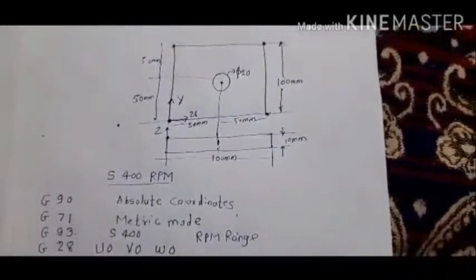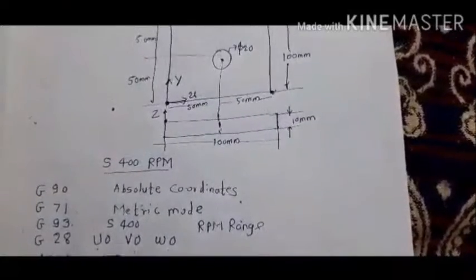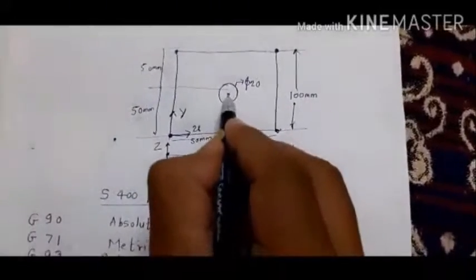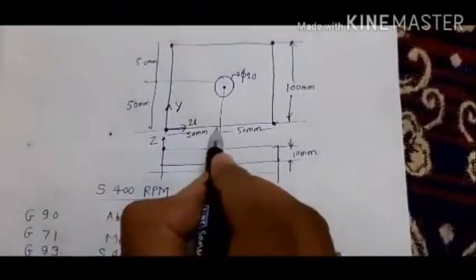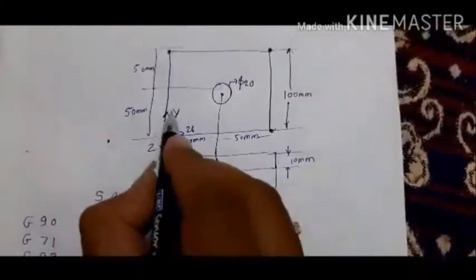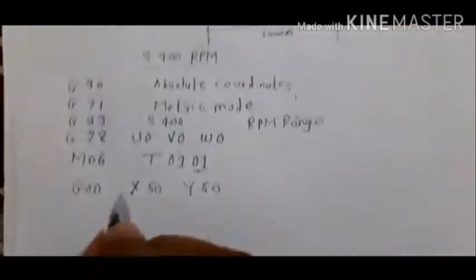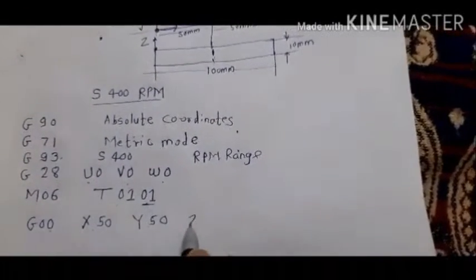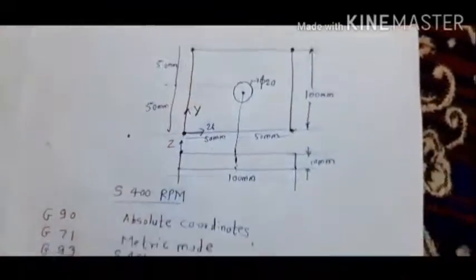So first of all, we will now write the G00 code, and we will take the tool to this position. So that is X coordinate, this is 50 mm, Y coordinate is also 50 mm. Here I am writing G00, X coordinate 50 mm, Y coordinate 50 mm, and Z coordinate is +1, means the tool is just above the workpiece.